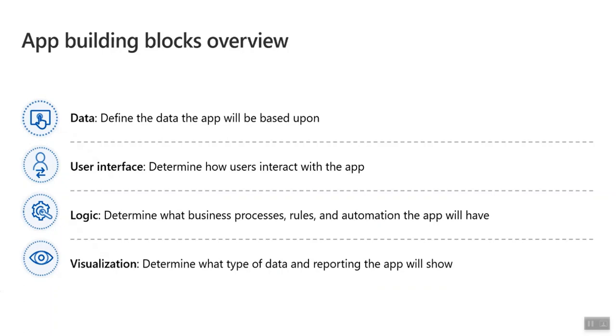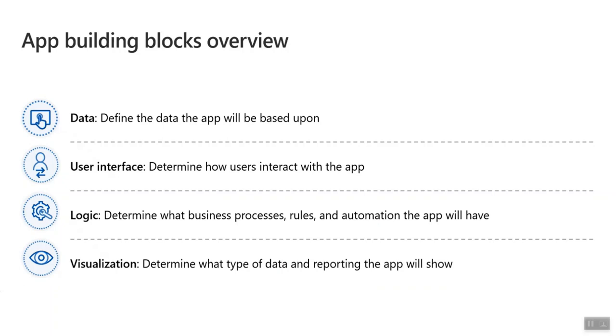So the key thing that you are going to focus on when it comes to model driven applications is data. As I said, that is the backbone, right? You need to have the data ready and available, because without data, you can't start building a model driven application. You define the data, that is what your app will be using.